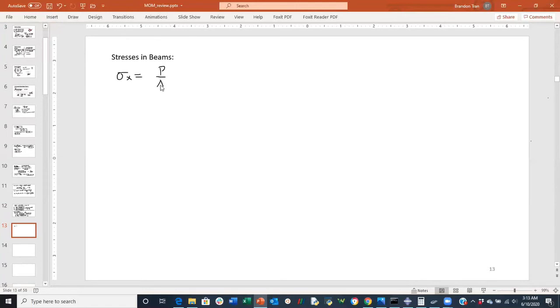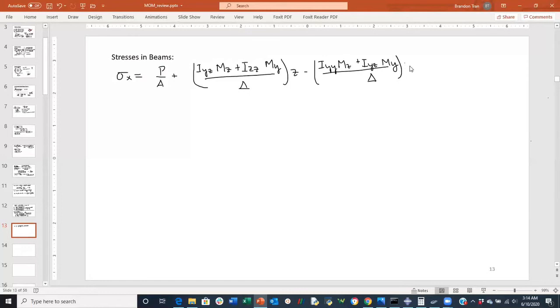P over A plus Z, moment about Z, plus second moment of inertia about Z, moment about Y, all divided by that delta term I specified earlier, times Z, minus second moment of inertia about Y, Z plus I, Y, Z times M_Z for that delta term I specified earlier times y.